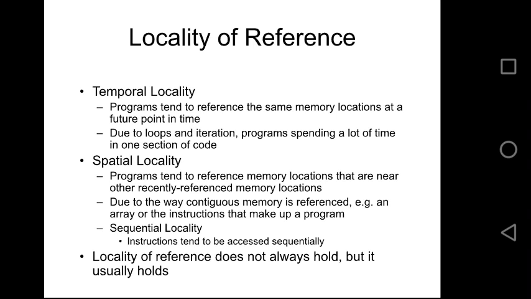If you are referring to the first array element, then it is quite natural that you will be accessing the next array element. So an array is the best example for spatial locality of reference. Locality of reference doesn't always hold, but it usually holds. In general, it happens.